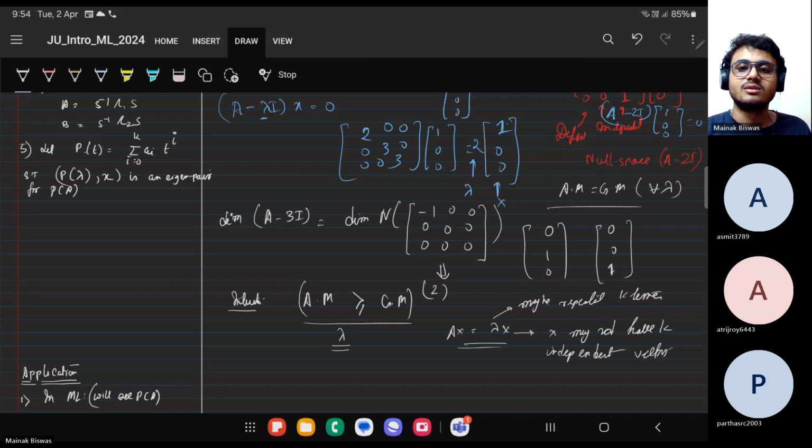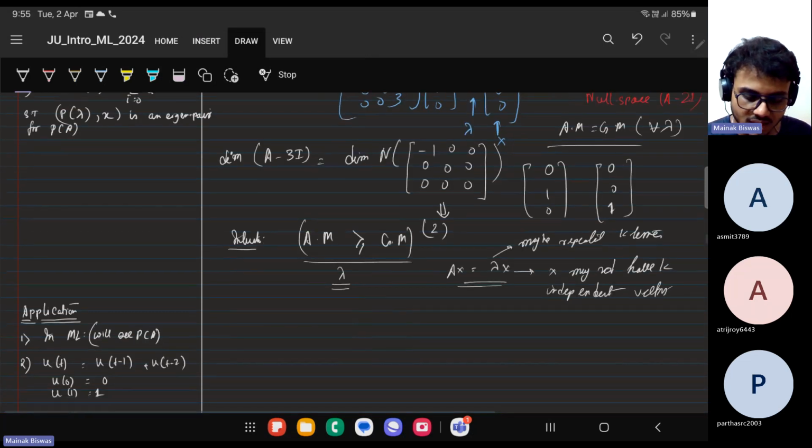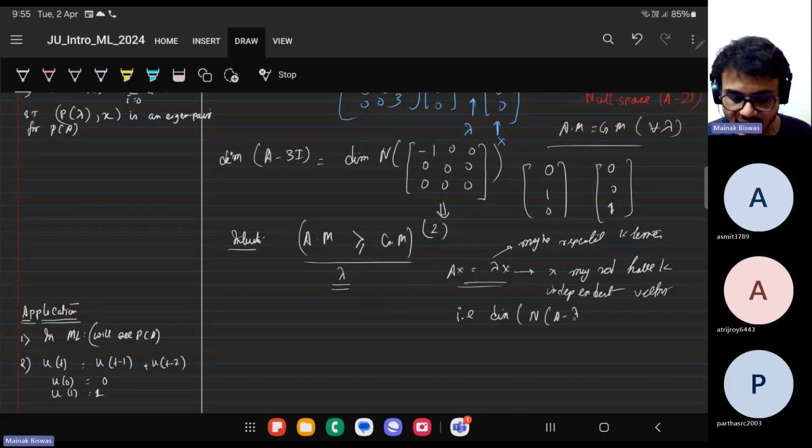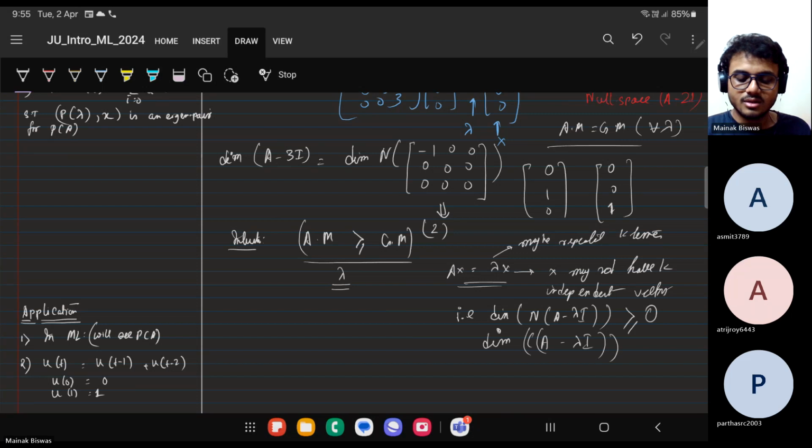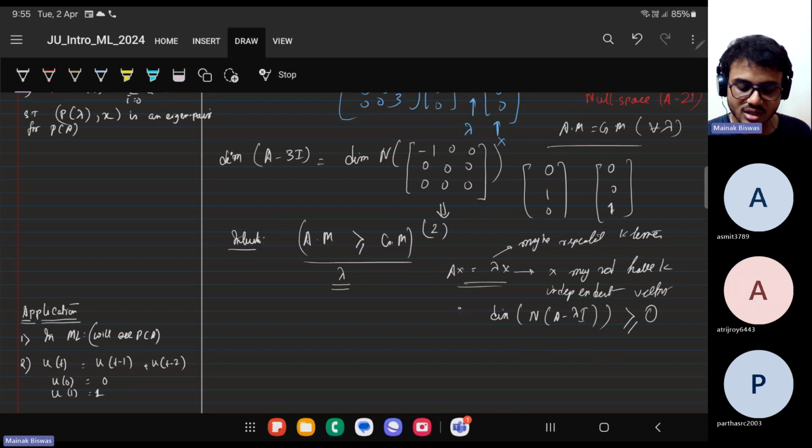That is, the dimension of the null space of A minus lambda I will be greater than or equal to 0. Just the intuition is, if you have k repeated eigenvalues, x may not be repeated n times. The x may not have independent vectors.